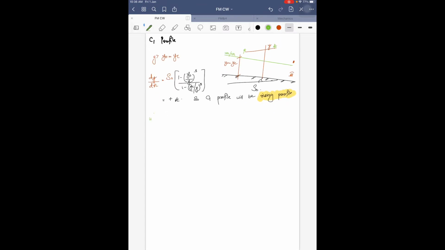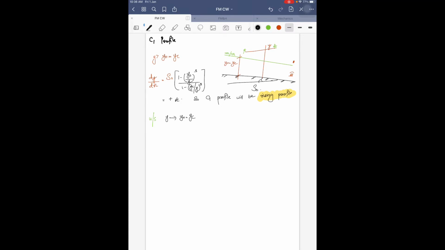At upstream, we know that our depth is becoming yn equal to yc. This is a rising profile and we can assume that it is rising from the NDL CDL line. So the condition will be y tends to yn equal to yc.